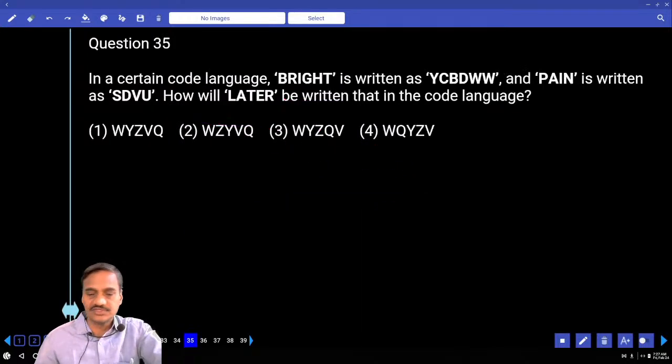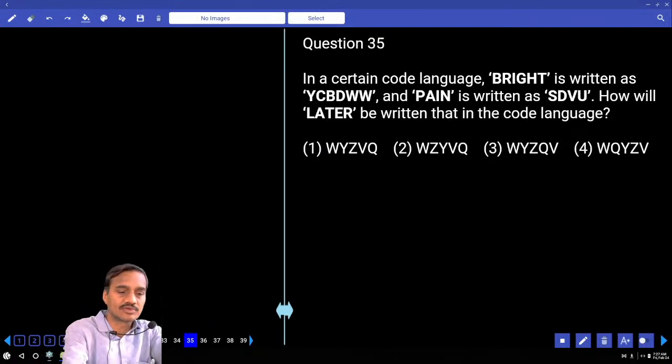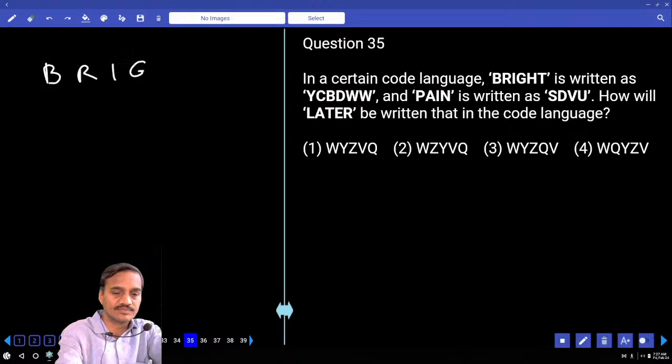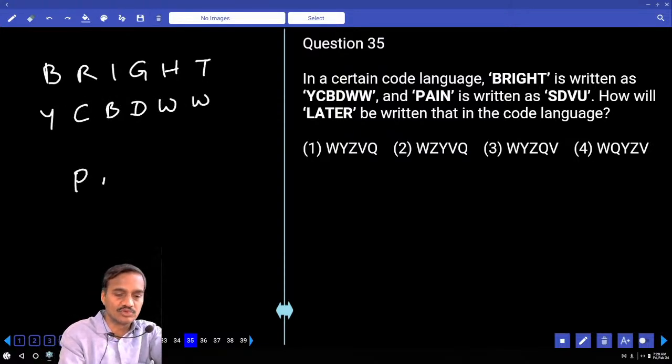Now in this question number 35, the code given to the word BRIGHT is YCBD. And in the same way, the word PAIN, the code given is SDVU.